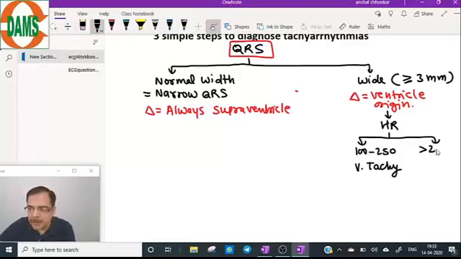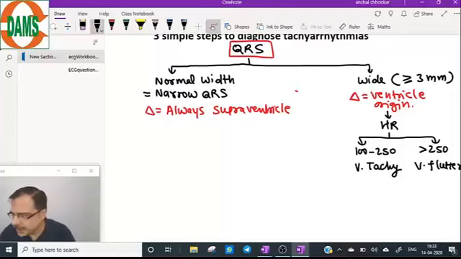If it is more than 250, call it ventricular flutter. The reason for wide QRS in a ventricular origin has been discussed many times.